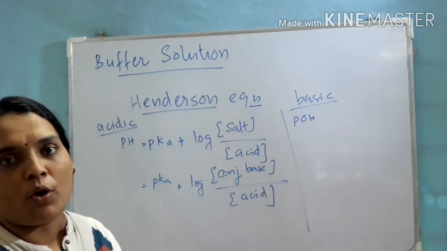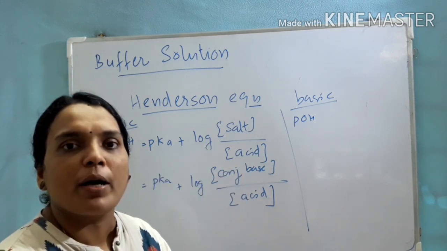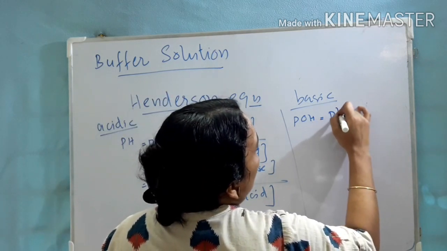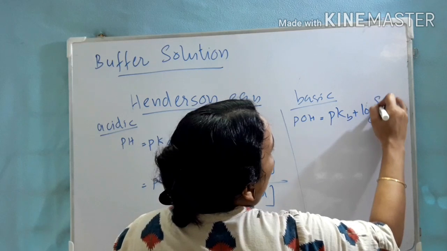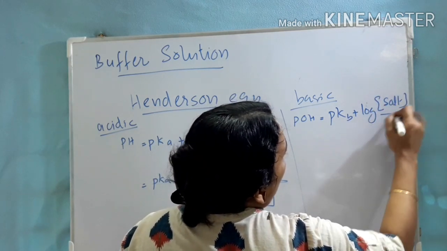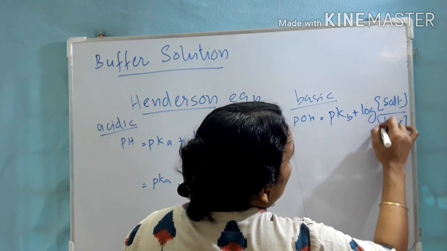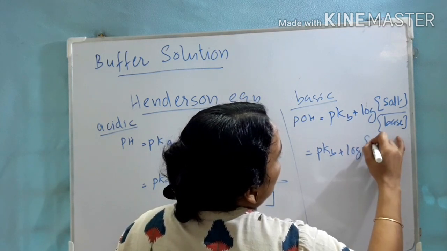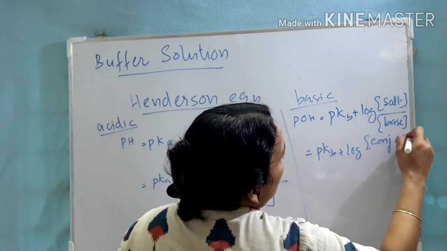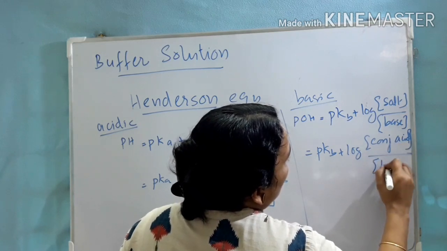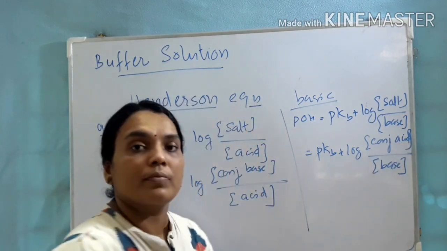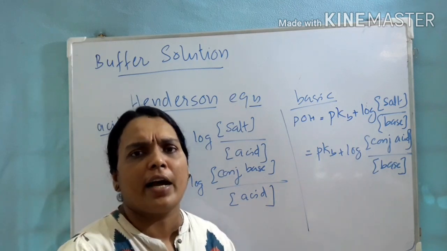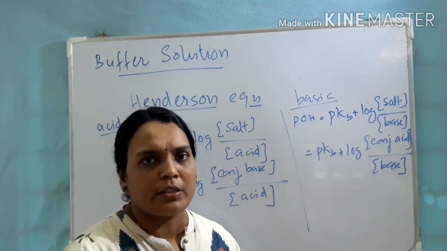Then we can convert it into pH: 14 minus pOH is equal to pH. pOH is equal to pKb plus log molar concentration of salt by molar concentration of base, or equal to pKb plus log molar concentration of conjugate acid by molar concentration of base. So that is the Henderson equation. Directly, you can substitute the values and calculate pH.